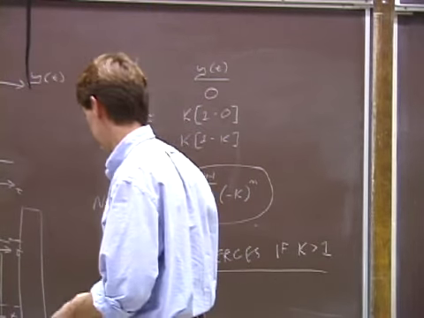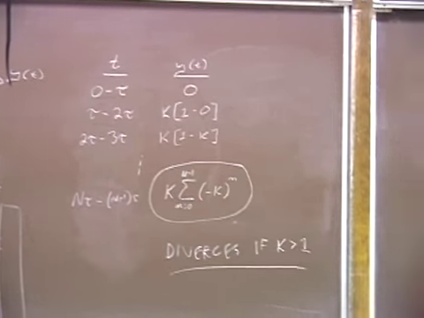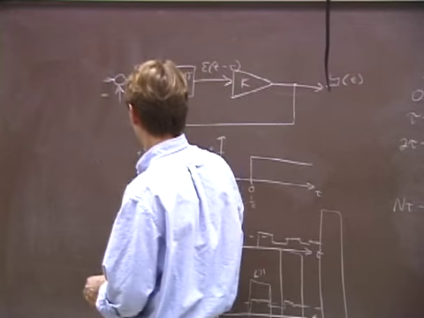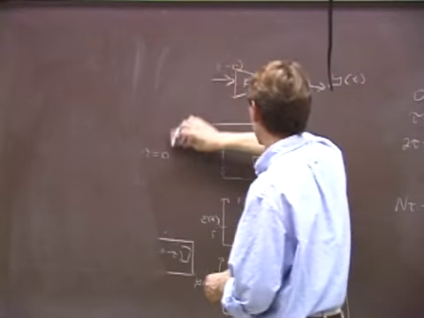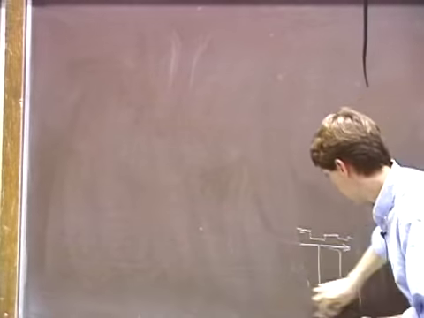Now that I've laid the foundations for control theory, I want to talk about one application of control theory that we use all the time, and that is laser frequency stabilization. And I hope to use this as an example of the control theory that I've treated so far.